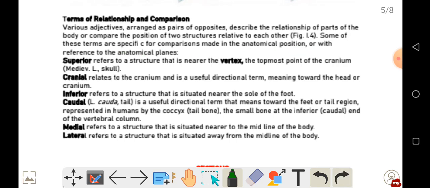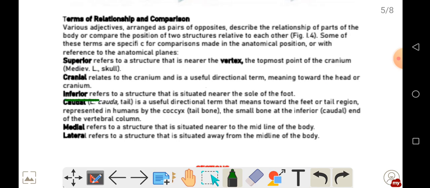So let's look at some of these terms. Superior refers to a structure that is nearer to the vertex, the topmost point of the cranium. This is the cranium, the head there on top. Cranial relates to the cranium and is a directional term, meaning towards the head or cranium. So let's take note of such terms.